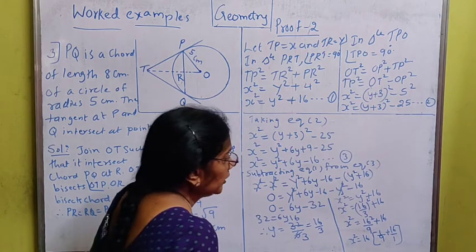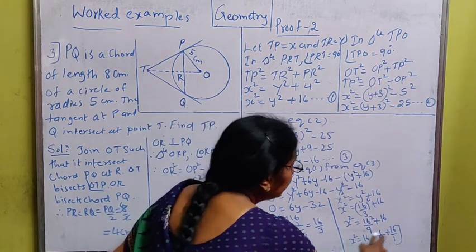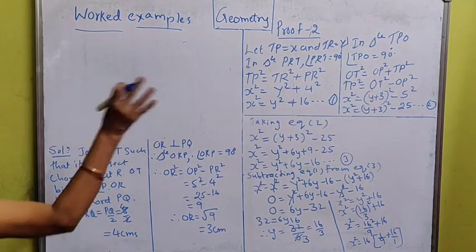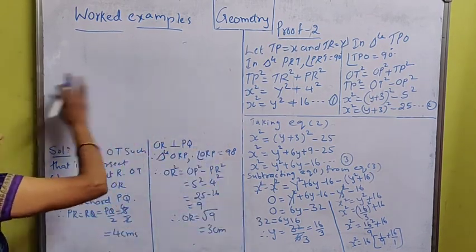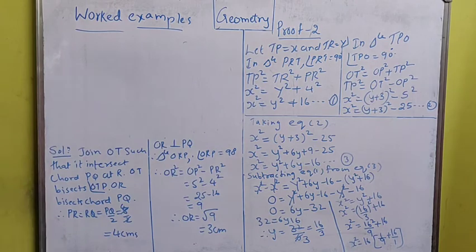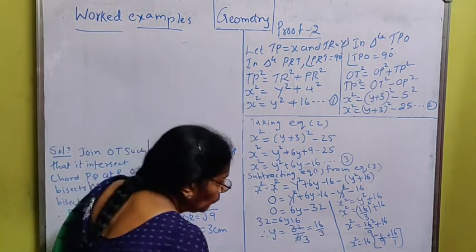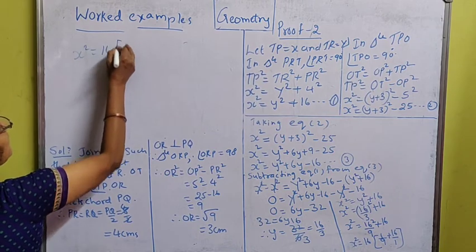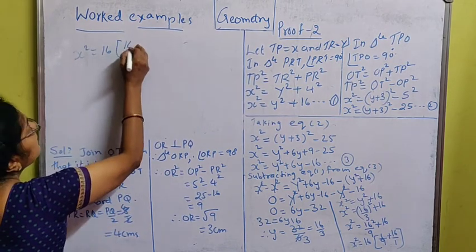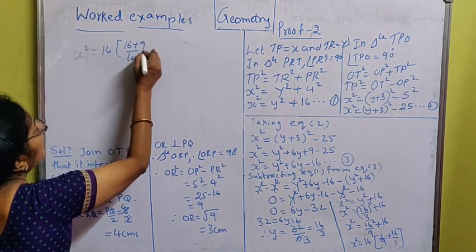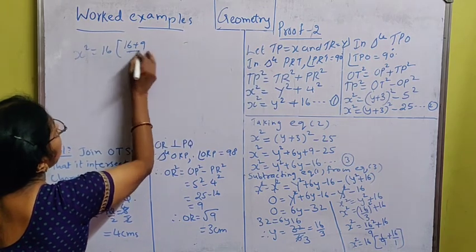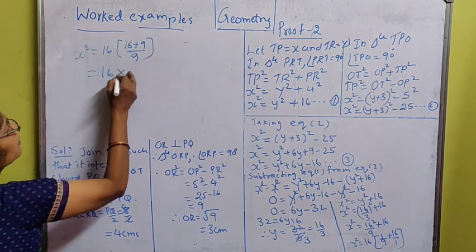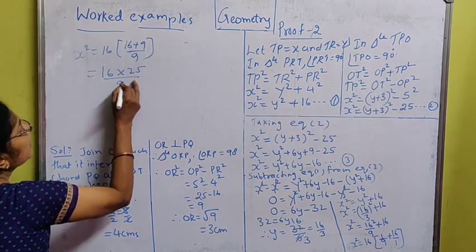So we get x square is equal to 16 in the bracket 16 plus 9 divided by 9. So 16 into 25 divided by 9.